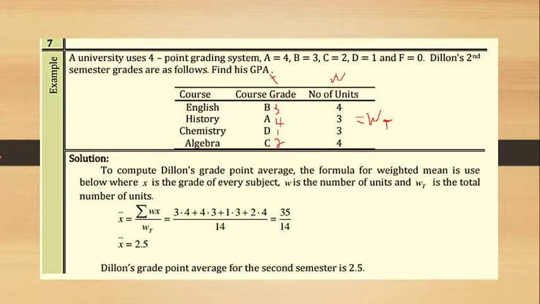So, just substitute the values. We have here 3 times 4. The course grade times the number of units, plus 4 times 3, and 1 times 3, and 2 times 4.